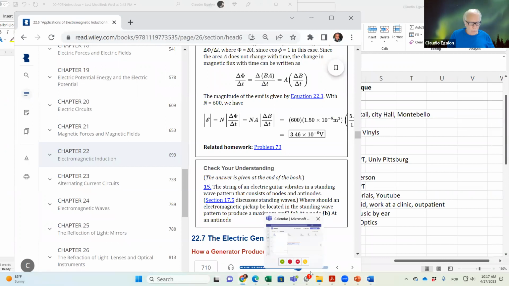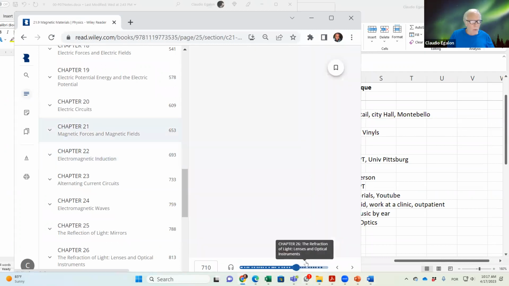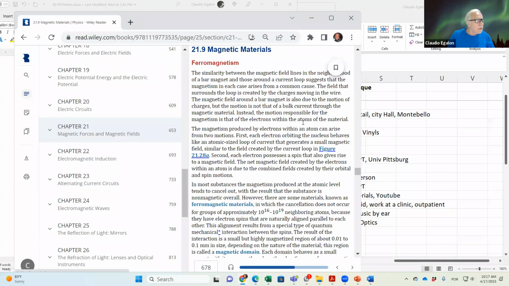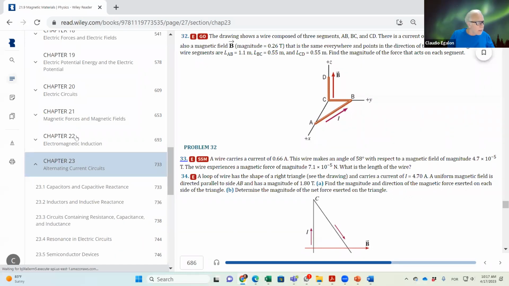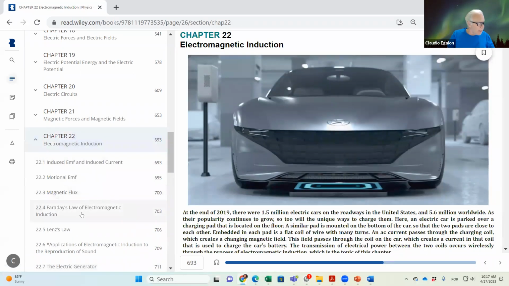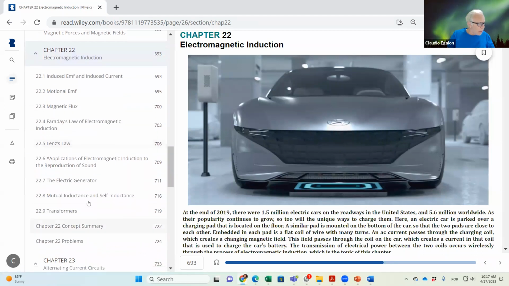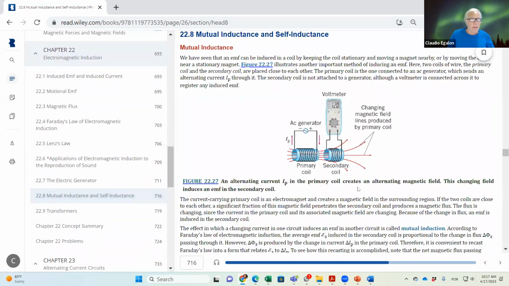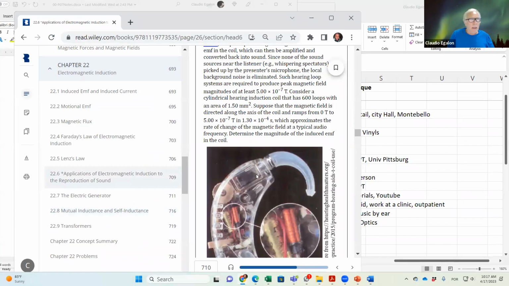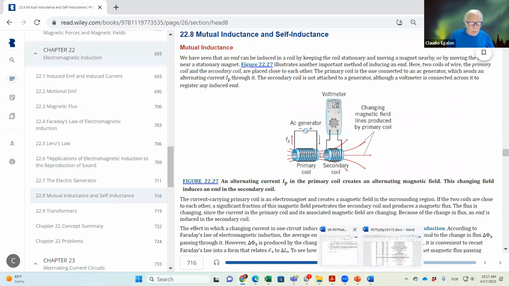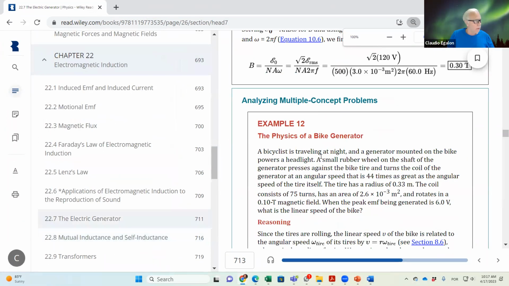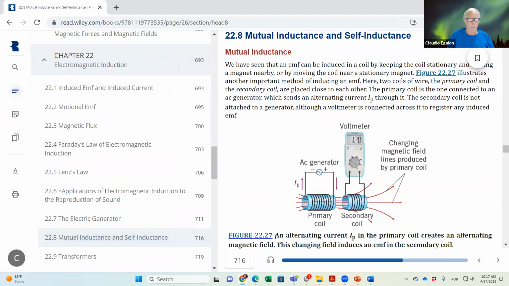And I'm going to zoom in as well. No, no. I shouldn't have done that. Okay, magnetic flux, Lenz's law, electric generation. Here you go. Mutual induction. Wait, I'm back here. And why is it doing that? Yeah, we gotta leave this way. All right.